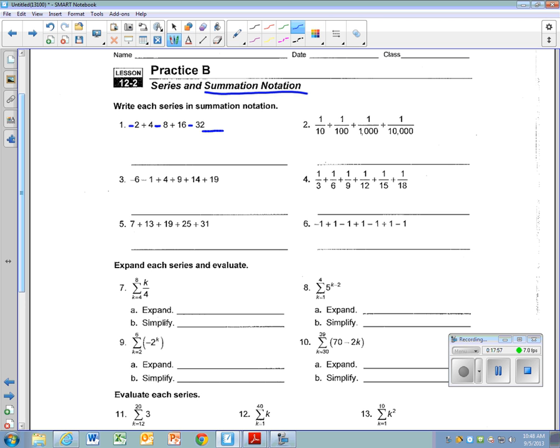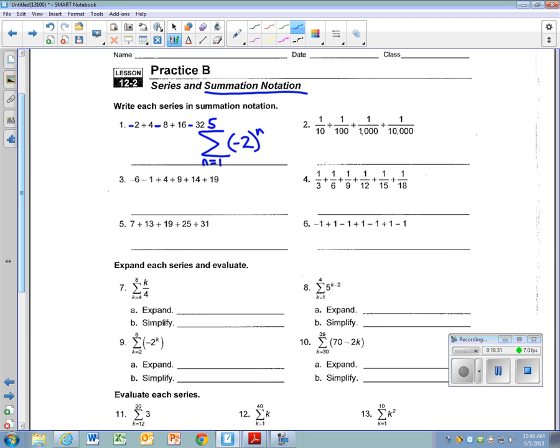So I write my summation. I have a -2 to the n power. What is my first term? -2. Okay. And so I'm going to start with n equals 1. How many terms do I have? 5 terms.